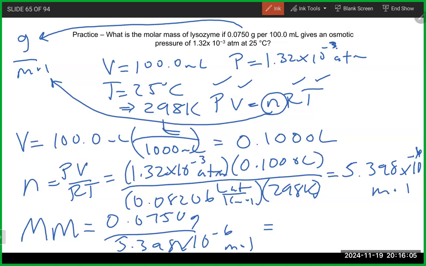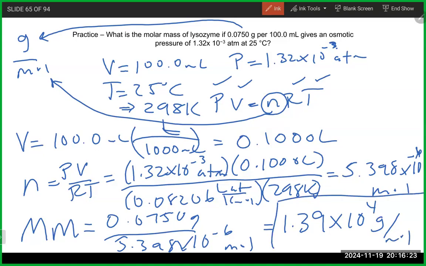Going to get us here 0.075 divided by our answer. And we're going to get something like 1.39 times 10 to the 4 grams per mole. And it is a big protein, so it has a big molar mass.